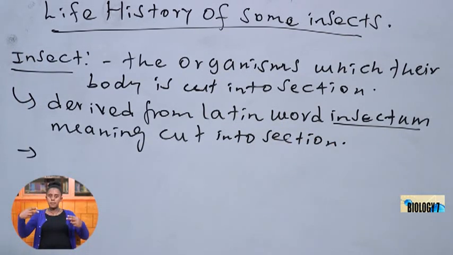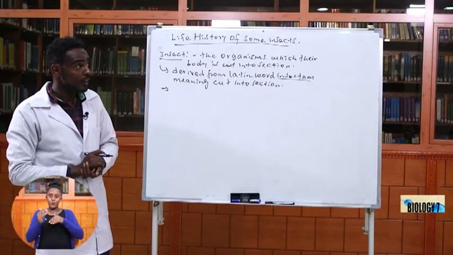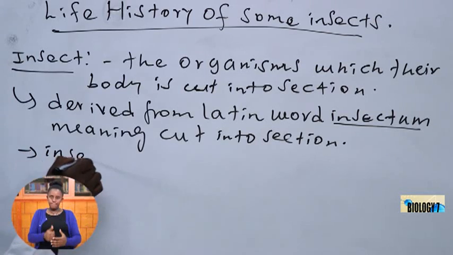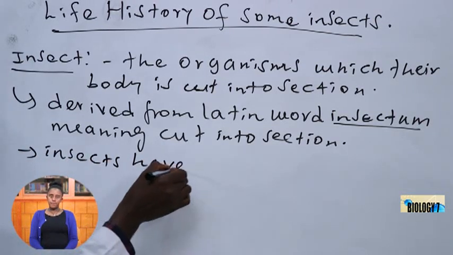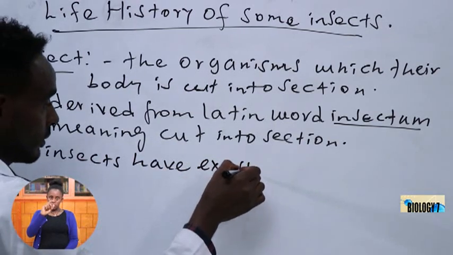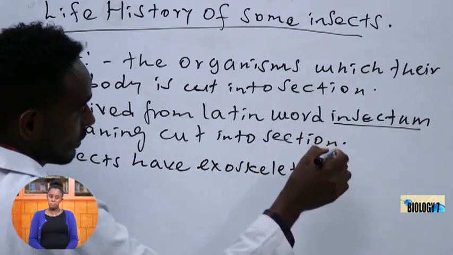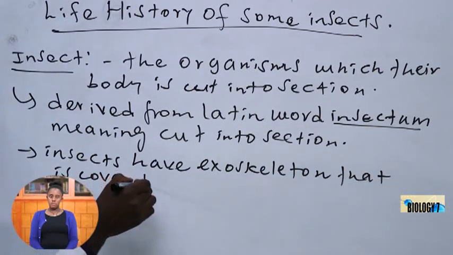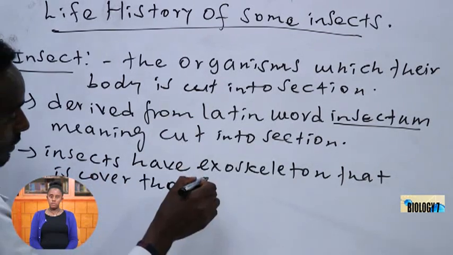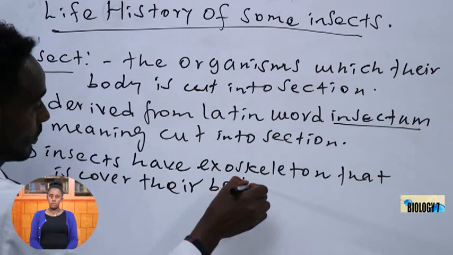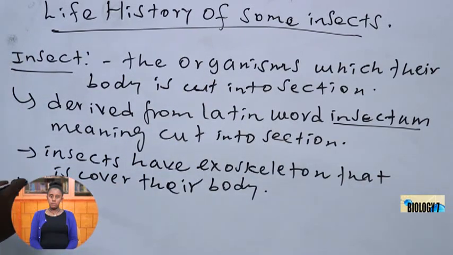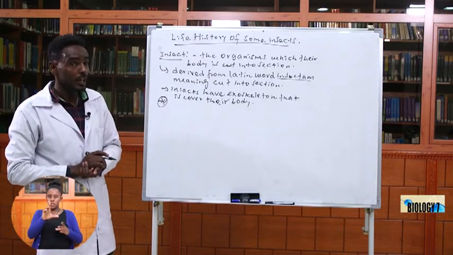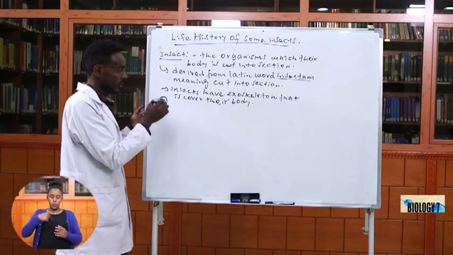Insects have an exoskeleton, which covers their outer part. The body of an insect is cut into three sections: head, thorax, and abdomen.